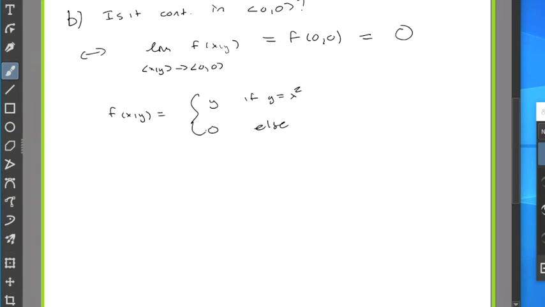So the definition is a bit wonky, but it is surely true that |f(x,y)| does not exceed the absolute value of y. I mean, either it's 0 and then it's smaller than anything, or it's equal to y and then it's of course also smaller than or equal to the absolute value of y. And the absolute value of y is smaller than or equal to the norm of (x,y) minus 0.